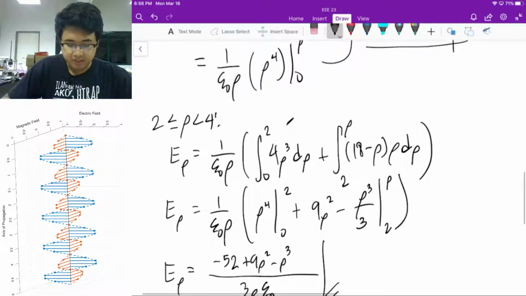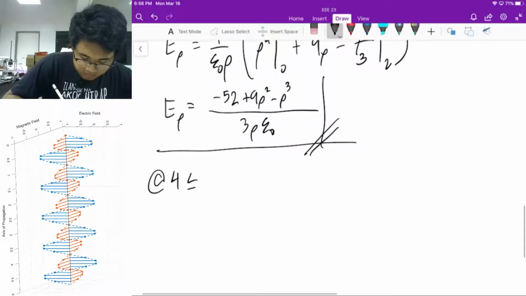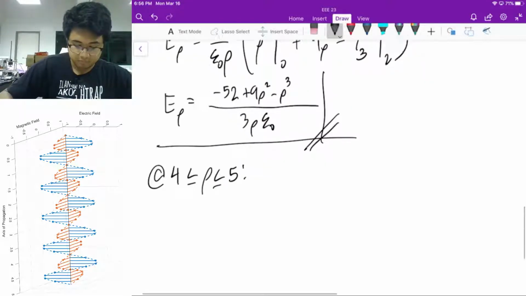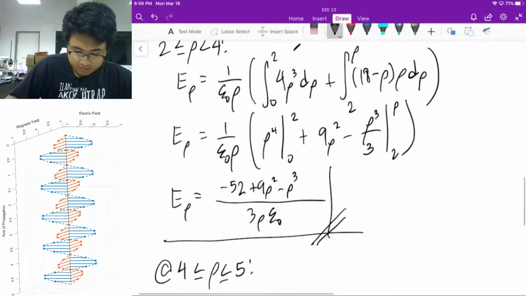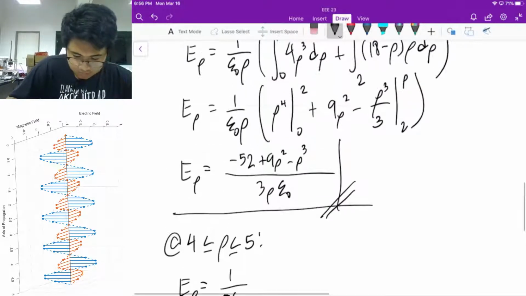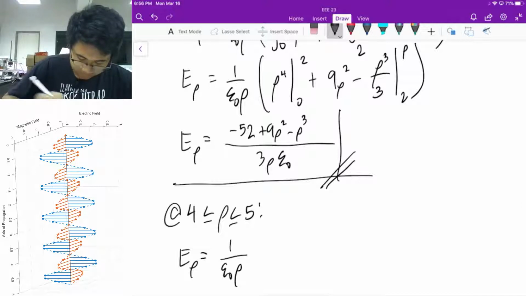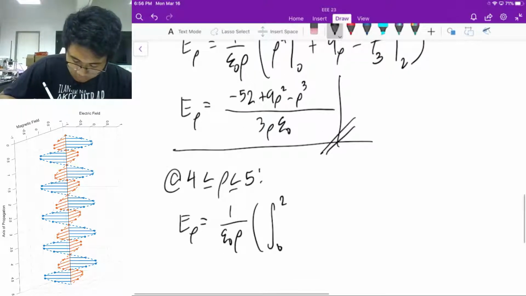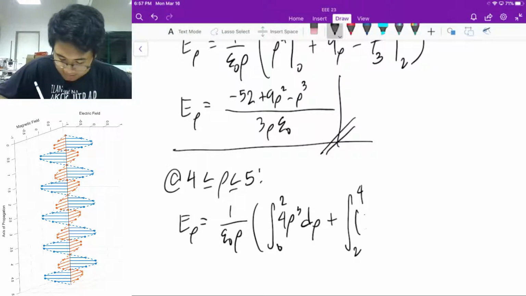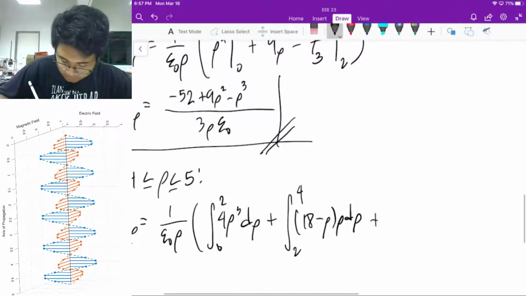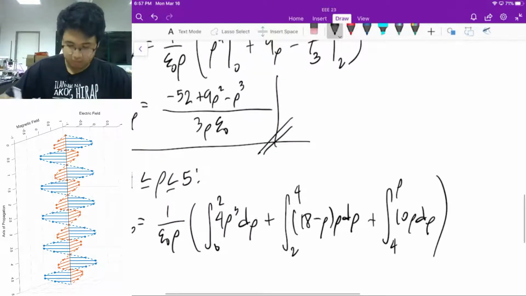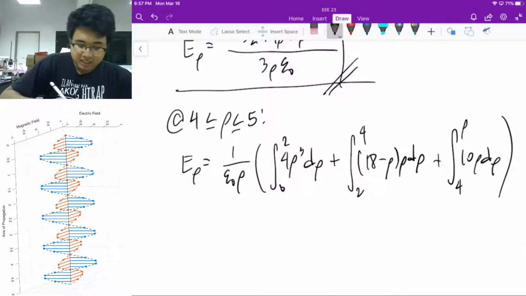Right. So you repeat the same process from 4 to 5. Given that rho naught is equal to 10 coulomb per meter cube, the electric field is equal to 1 over epsilon naught rho, and you integrate from 0 to 2 of 4 rho cubed d rho, and you integrate from 2 to 4 of 18 minus rho times rho d rho, and finally you integrate from 4 to some value rho, your 10 coulomb per meter cube times rho d rho, and you have an expression for your electric field intensity from 4 to 5.